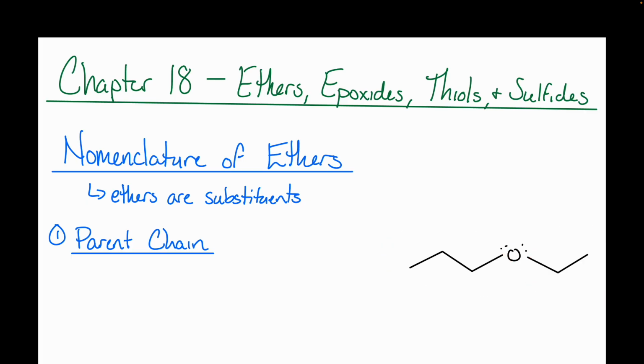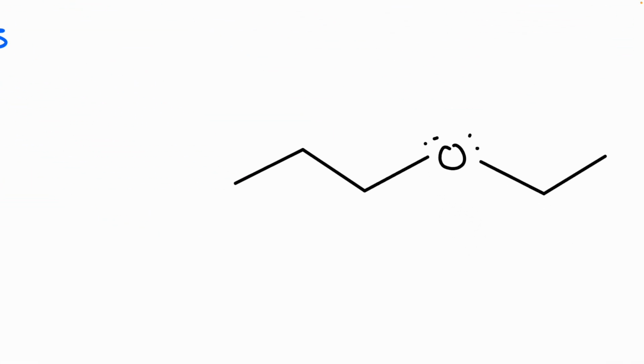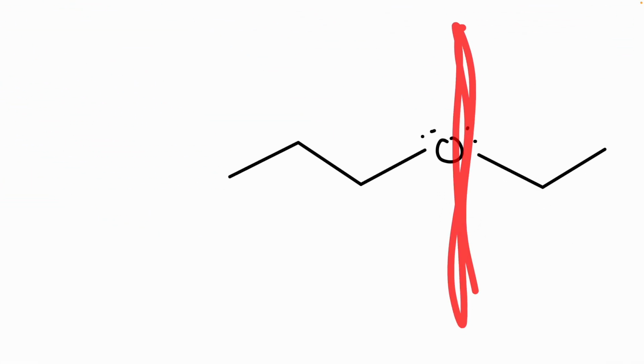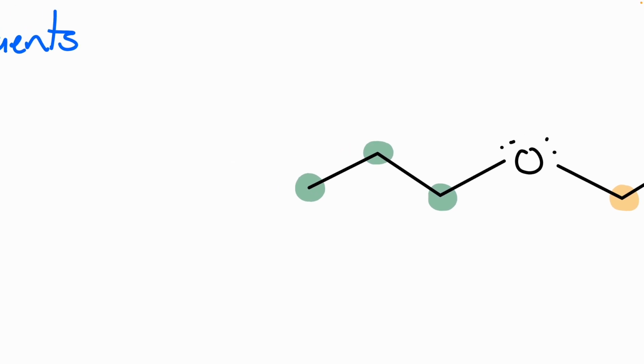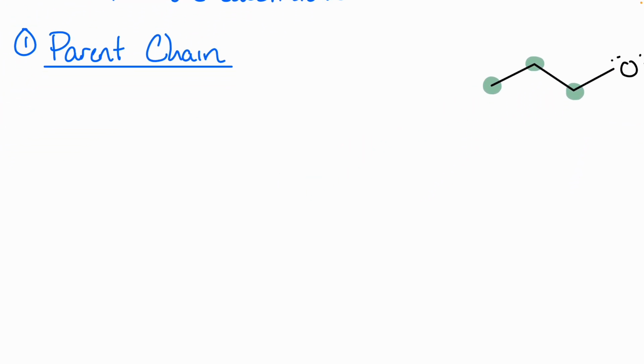The one with the longest continuous set of carbons, that becomes our parent chain. So for this here, I'm going to chop at my oxygen. I'm going to say, all right, it's either going to be this 3-carbon group here or this 2-carbon group here. Which one's going to be my parent chain in this molecule? The one on the left, the longer one, right? So again, like always, we're looking for that longest continuous set of carbons.